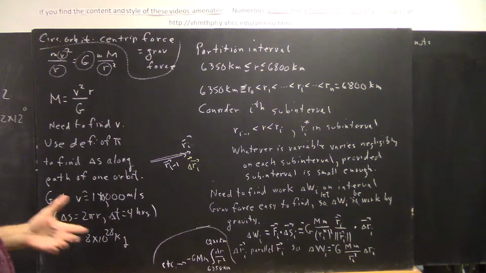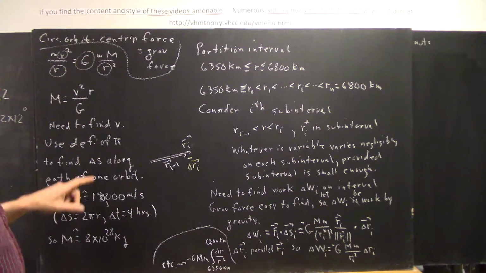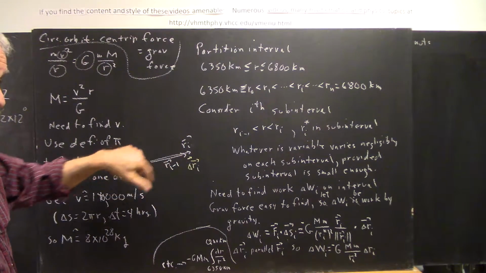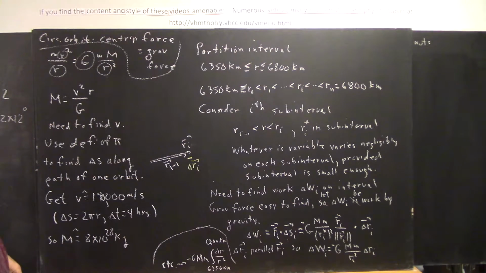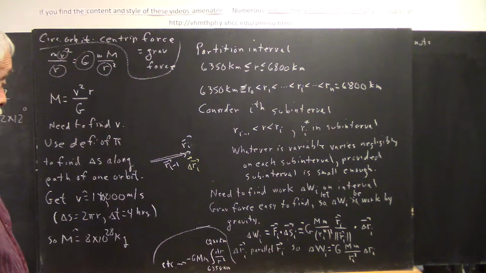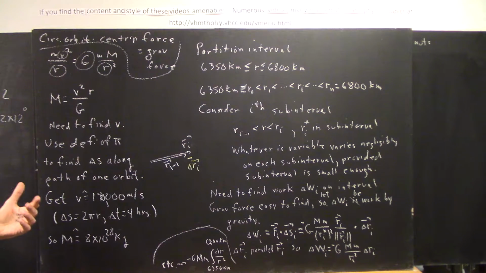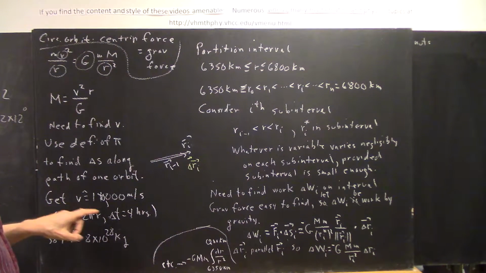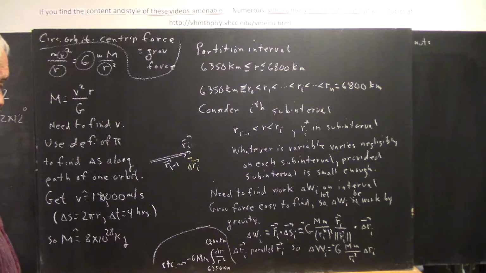Well, we use the definition of pi to find how far you go along the path of one orbit, because we know the time it takes. Then we divide that by the time it takes to make an orbit, and we get a velocity of approximately 140,000 meters per second.